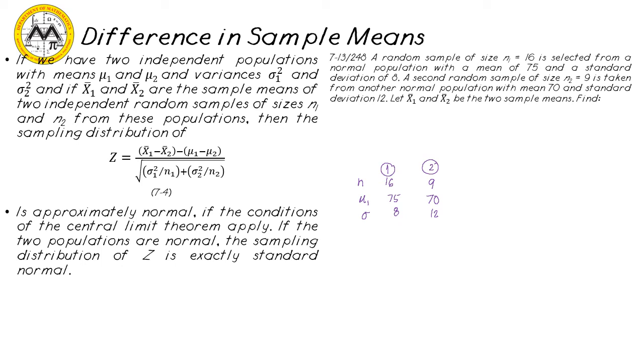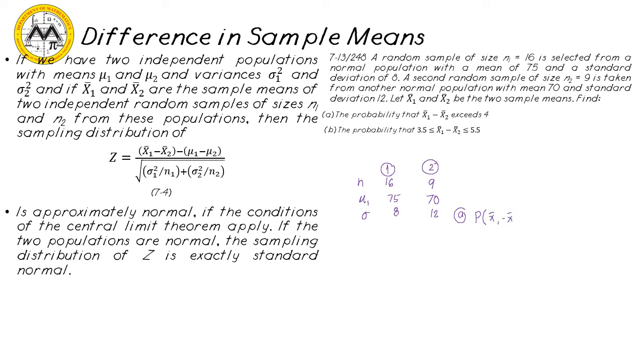Let x1 bar and x2 bar be the two sample means. We're looking for the probability that x1 bar minus x2 bar exceeds 4, and the probability that 3.5 is less than or equal to x1 bar minus x2 bar, which is less than or equal to 5.5.